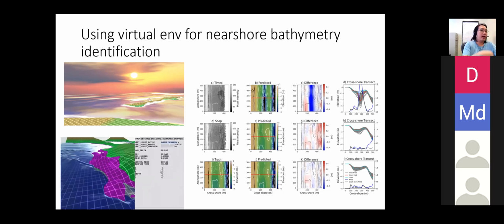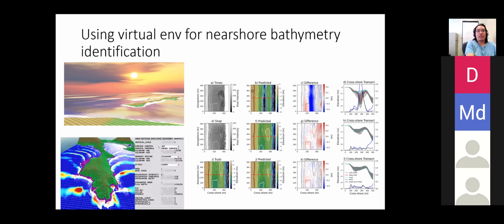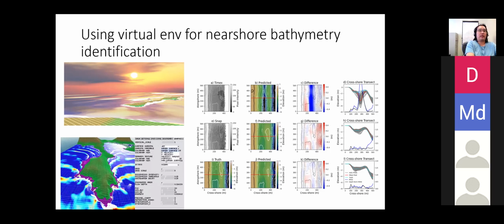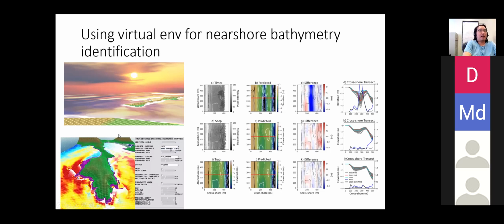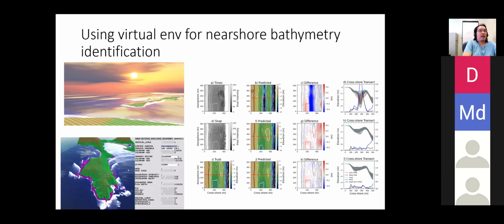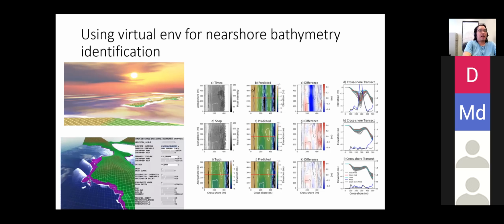In that case, we can augment the data using this kind of digital twin system. We can generate a lot of simulations quite close to the actual pictures the drone takes, augment the data, have large data sets, and do the inverse modeling.